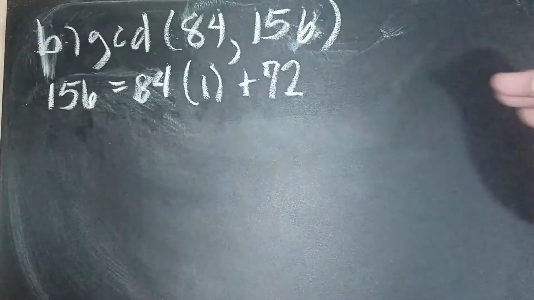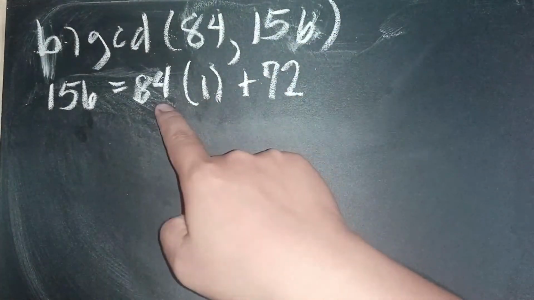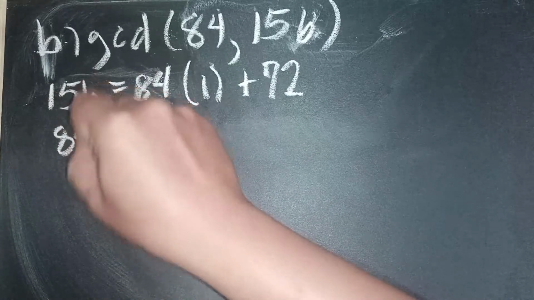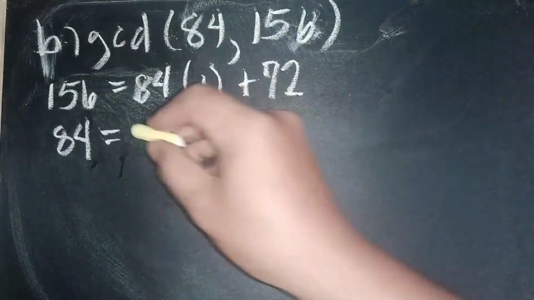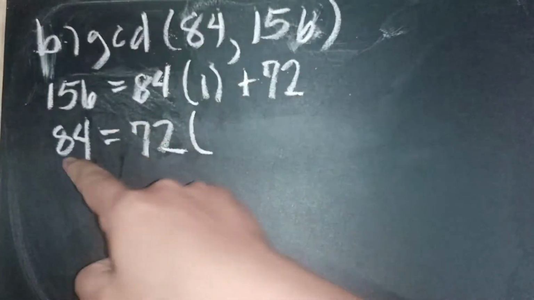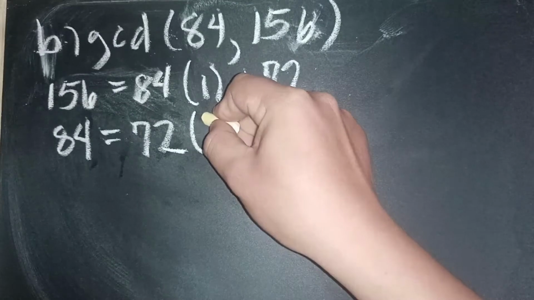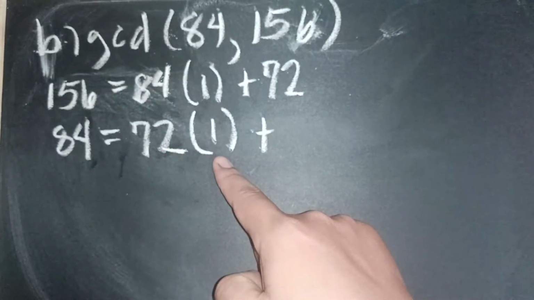So, after that, pag hindi pa 0 yung remainder, hindi pa tayo mag-stop. So, yung divisor natin, sa next step, siya na yung magiging dividend. Saka yung remainder natin, ito na yung magiging divisor natin. So, again, 84 divided by 72, that is correct, 1. Okay? 72 times 1 is 72.